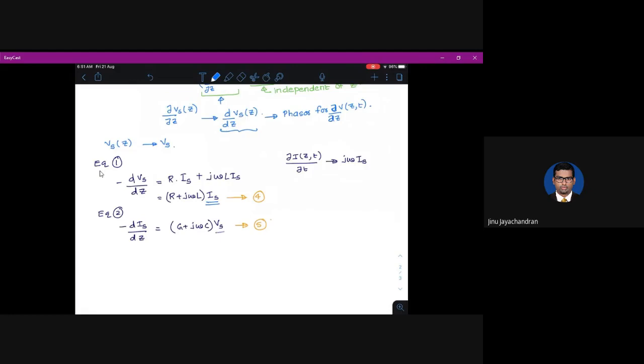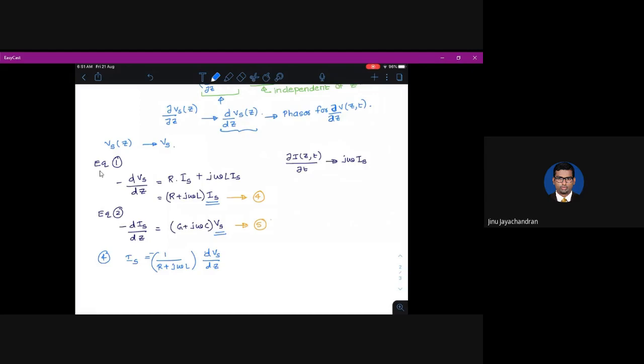Similarly, you have an equation in terms of Vs here. So I can write from equation 4, Is is equal to 1 by R plus jωL into dVs by dz with a minus sign.